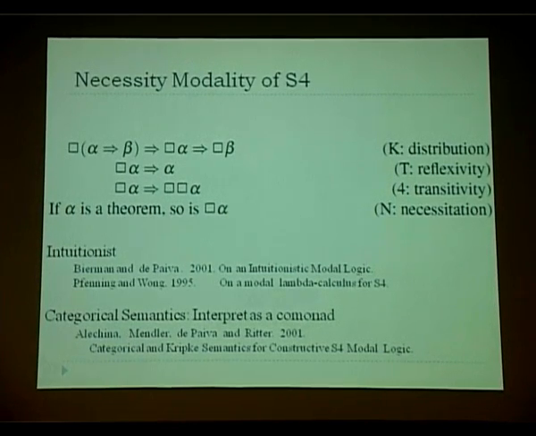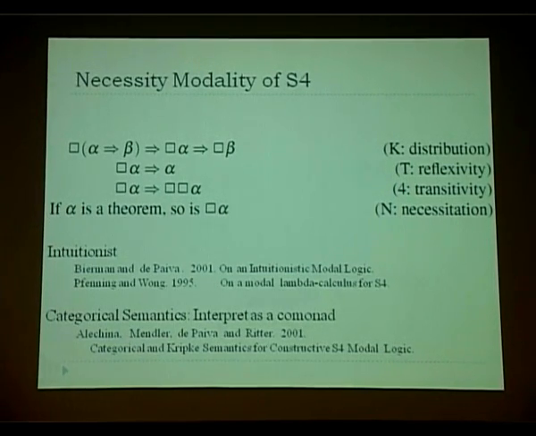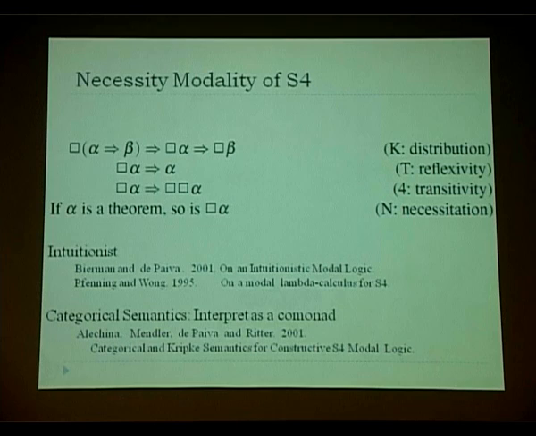And I think what's useful perhaps for some of us to keep at the back of our mind is that there is a nice categorical semantics of the formulas and the proofs. So we could think of box as a comonad. From that perspective, distribution is functoriality, reflexivity is the co-unit, and transitivity is the co-multiplication.